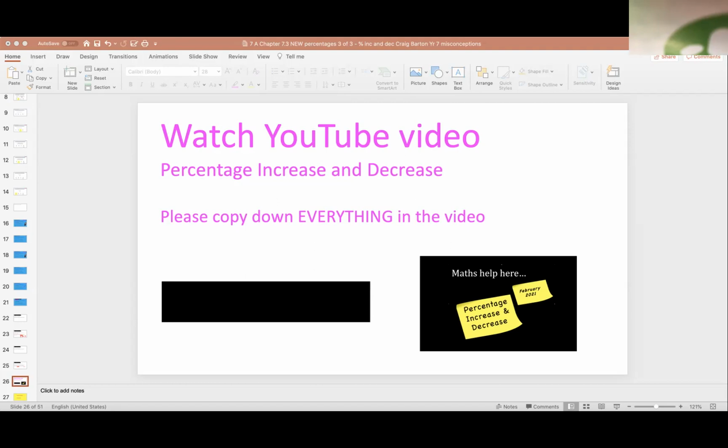And then I fill in the gaps. So I know that the original, my original is always 100%. My change is that he's grown by 5%. So he has got bigger, taller by 5%, so plus 5%. So his new percentage is 105%.